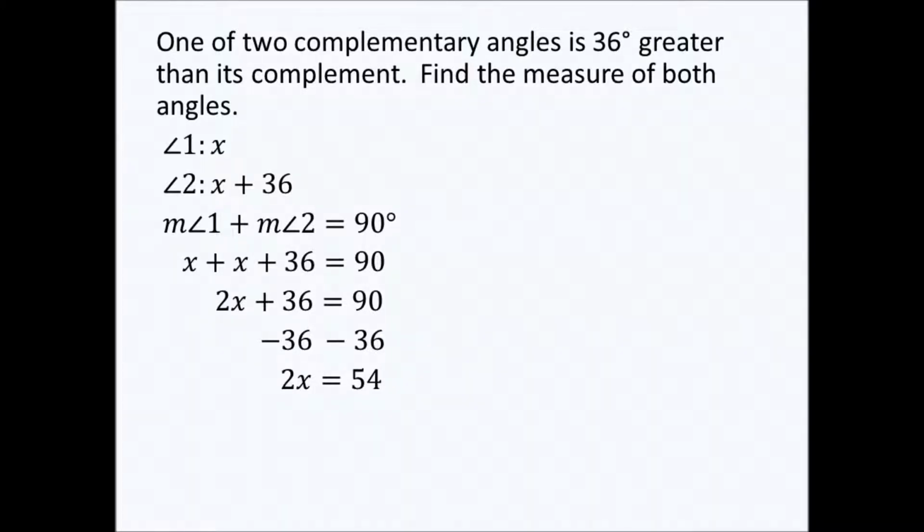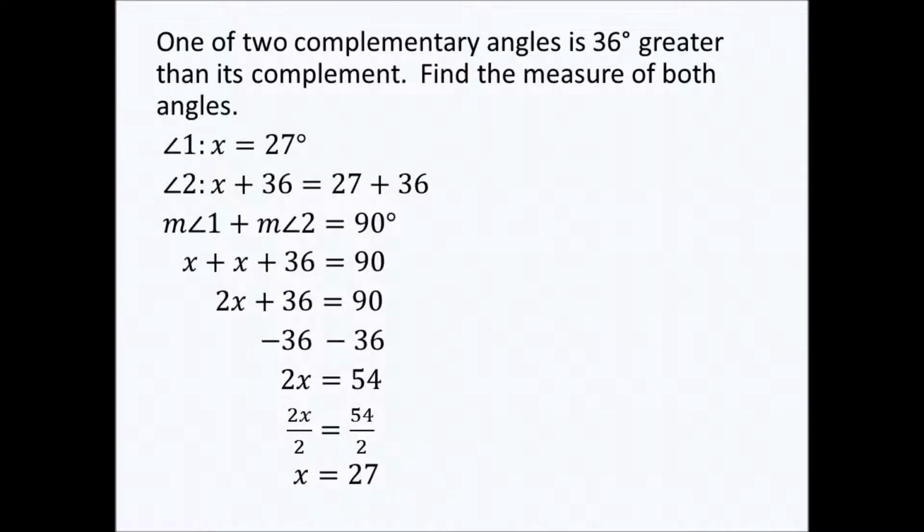The next step is to divide both sides by 2. 2x divided by 2 equals 54 divided by 2. x equals 27. The next step is to substitute. x equals 27. 27 plus 36 equals 63.